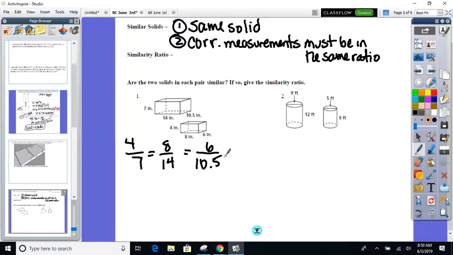How are you guys checking if those are in the same ratio? Find the decimal value. When you have two ratios, you can cross multiply. 3 is a little bit different. We'll see if they all equal the same decimal.